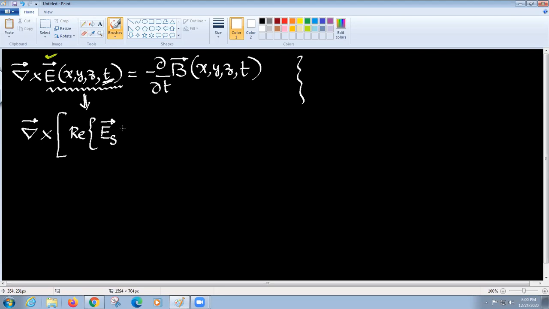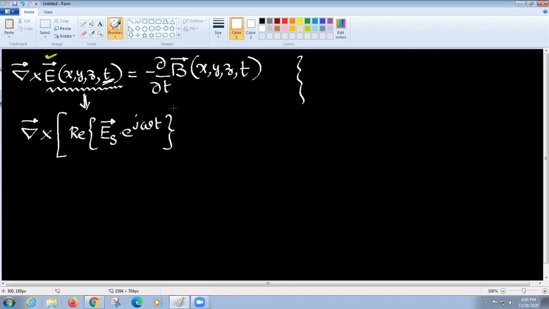Here we are taking ES. I could take it in brackets XYZ, but for simplicity I'll omit that. ES, and also I have e power j omega t, because we know ES is a function of space, not time. So that part we know. So just omit that only for simplicity. Otherwise you don't need to omit that.